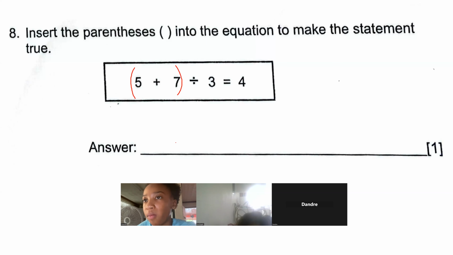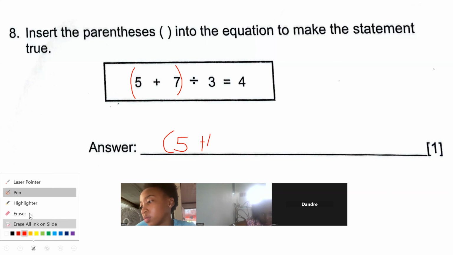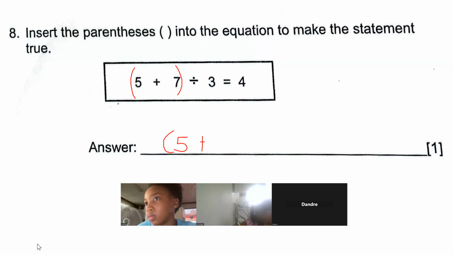So the answer is 5, open bracket, 5 plus 7, close bracket, divided by 3 equals what? 4.